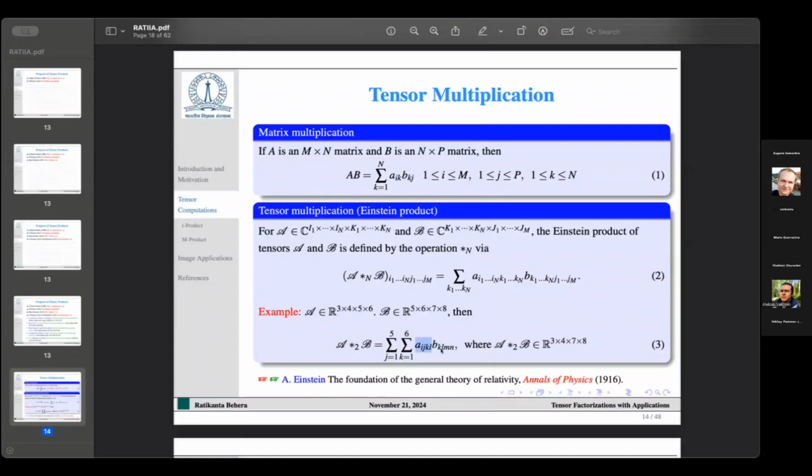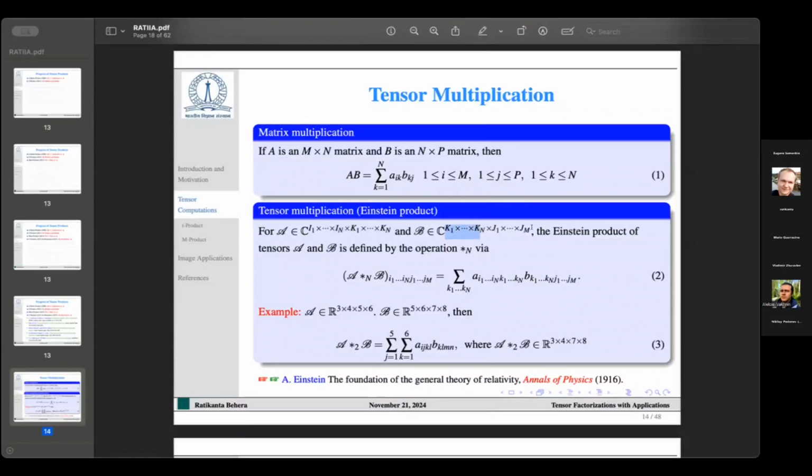And then take a particular case like matrix multiplication AB. Here we can write a_ik, b_kj with one summation. Now let us come to the formal definition of the Einstein product. Suppose A is a tensor of size I1 to In, K1 to Kn, and B is a tensor of size K1 to Kn, J1 to Jm.